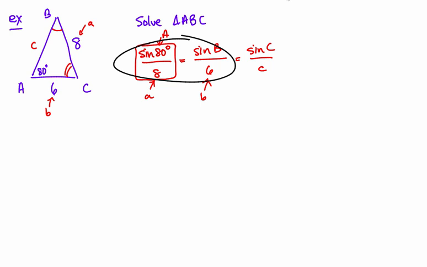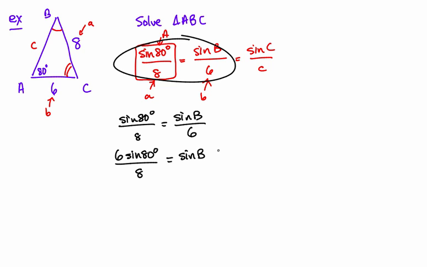Start by using these two, and if you do that, you get sine 80 degrees over 8 is the same as sine B over, in this case, 6. And the variable is the b, so that's what I want to solve for. So I multiply both sides by 6, so I get 6 sine 80 degrees over 8 is my sine b, and that means grabbing my calculator to figure out what this is as a decimal, I get about 0.739.